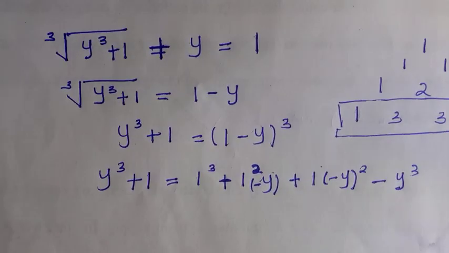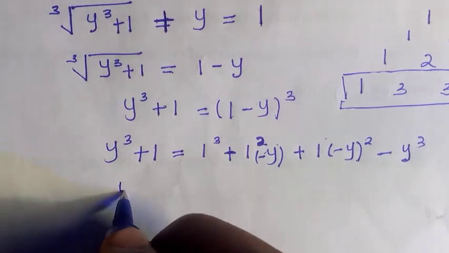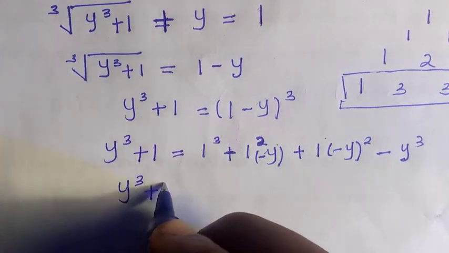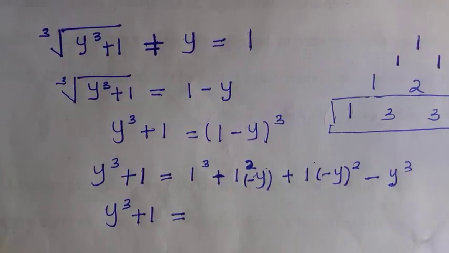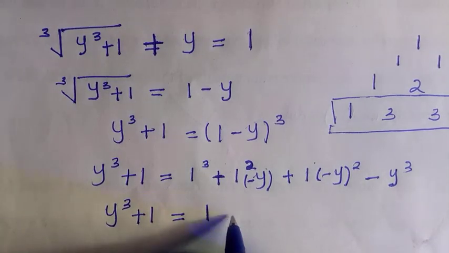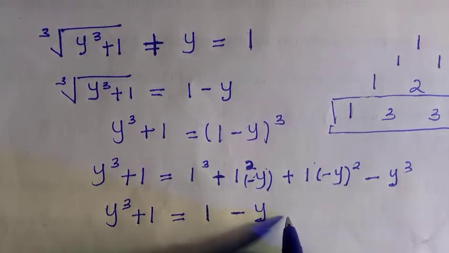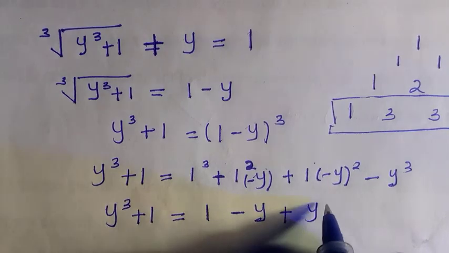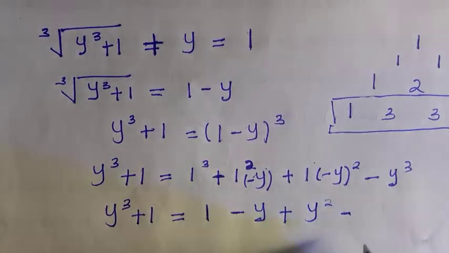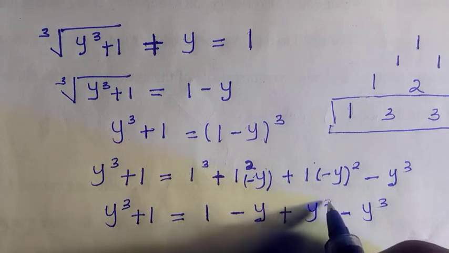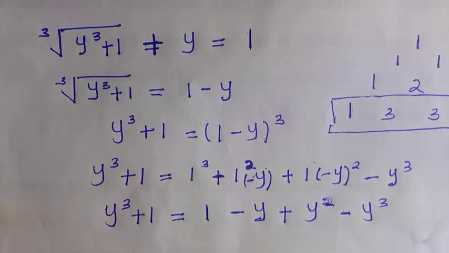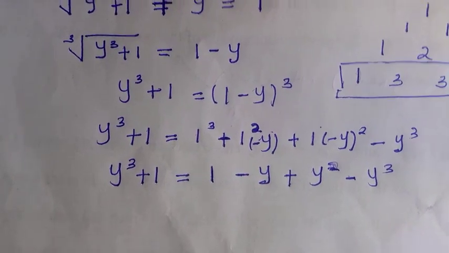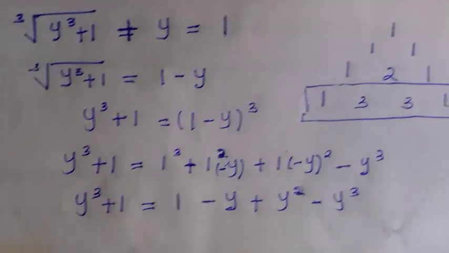Then y raised to power of 3 plus 1 equals 1, and this one is negative y, followed by plus y squared, and followed by negative y raised to power of 3. So let's start introducing the coefficients from the Pascal.